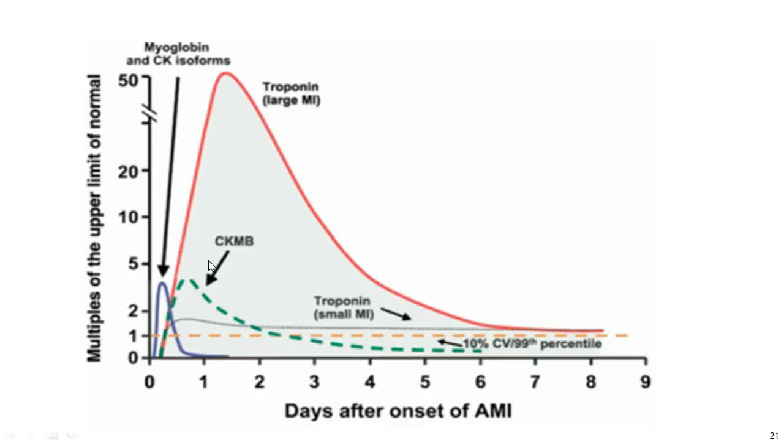So this is the troponin I here. They rise after the heart failure or MI or ischemia within 3 hours. They go to the peak, and they stay elevated up to 7 to 10 days. You see, this is the borderline.